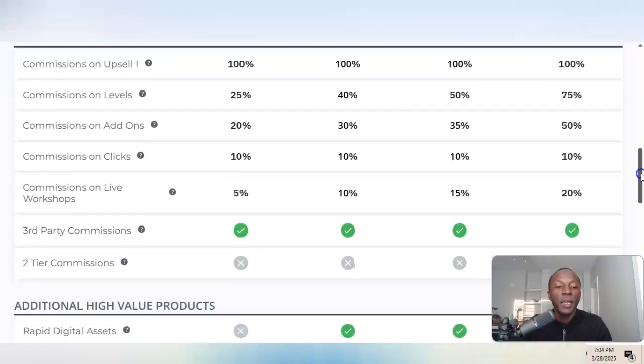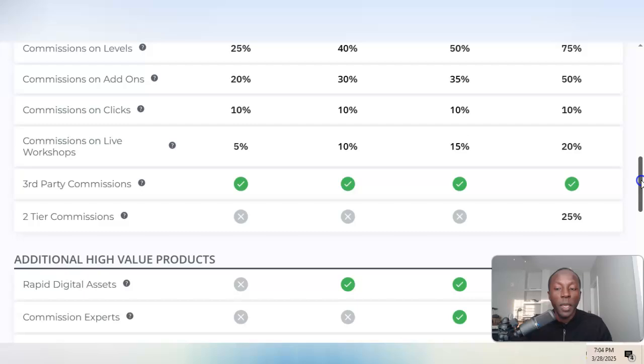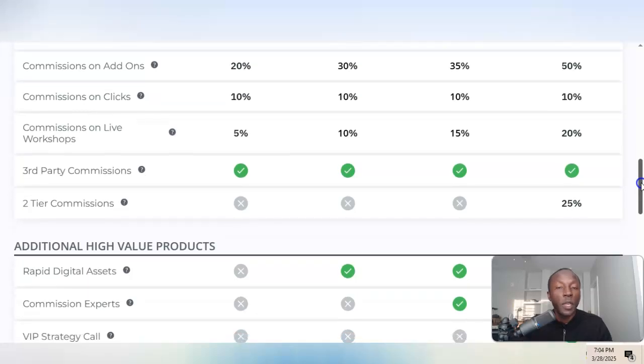But as a platinum member, you get to make commissions and second tier commissions, which means that if I refer you and you join, and then you generate sales, I would make, at no additional cost to you, not taking away from any of your commissions, 25% of the commissions that you made.